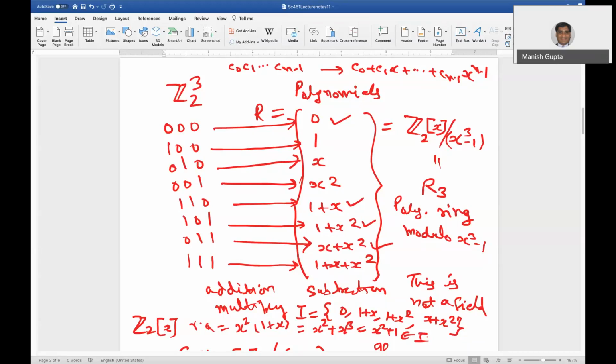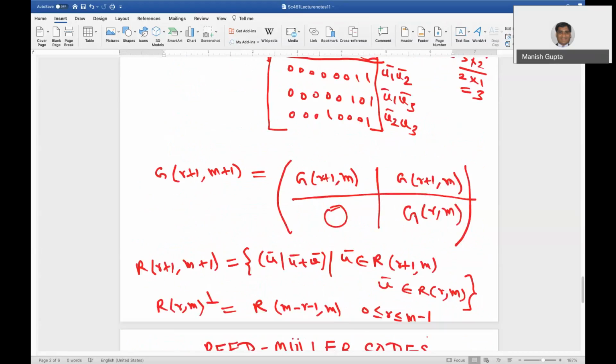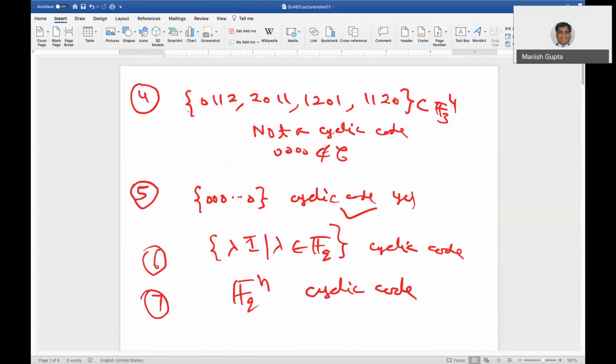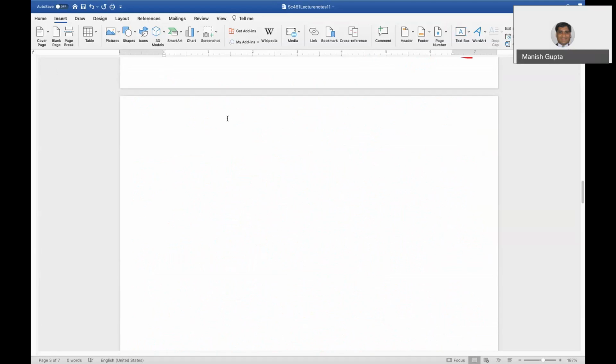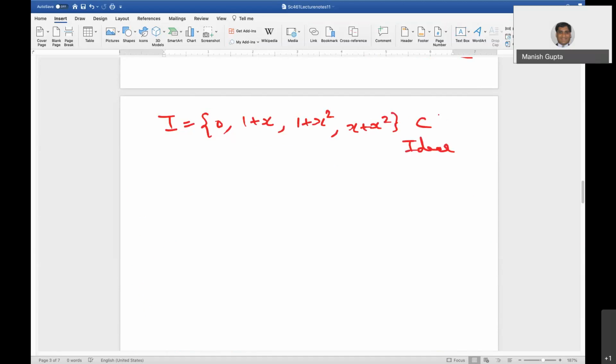So I, equal to 0, 1 plus x, 1 plus x square, and x plus x square, is nothing but an ideal of F_2[x] modulo x cube minus 1.